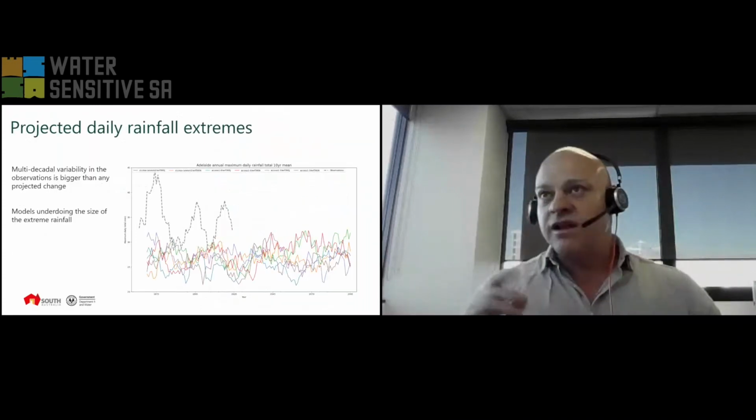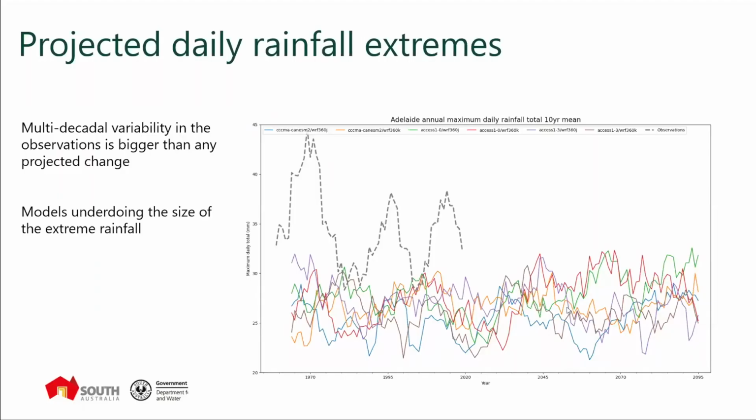But I've run the maximum daily rainfall total out of the projections and compared that to the observations. So the observations are in the grey for Adelaide Airport, and the closest grid point out of the modelling and all those different models. And really, the key message in there is the decadal variability, the signal that we're seeing in there, the actual observed rainfall is bigger than what we're seeing in the projections.